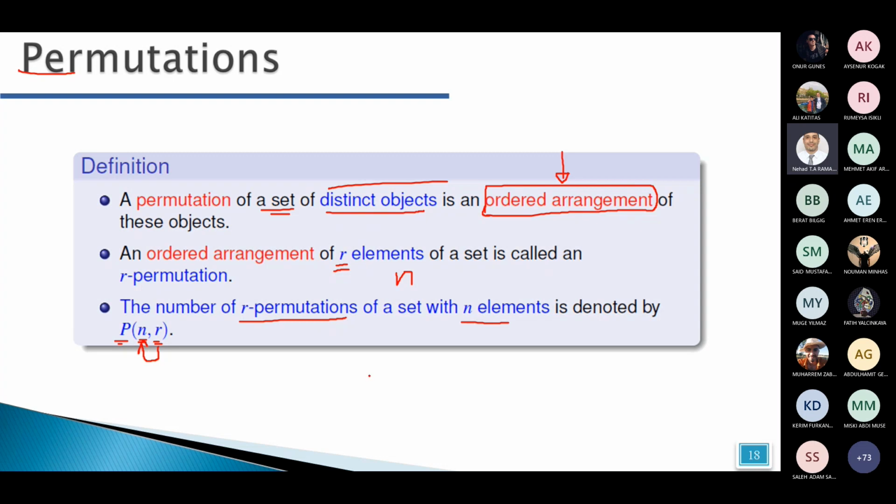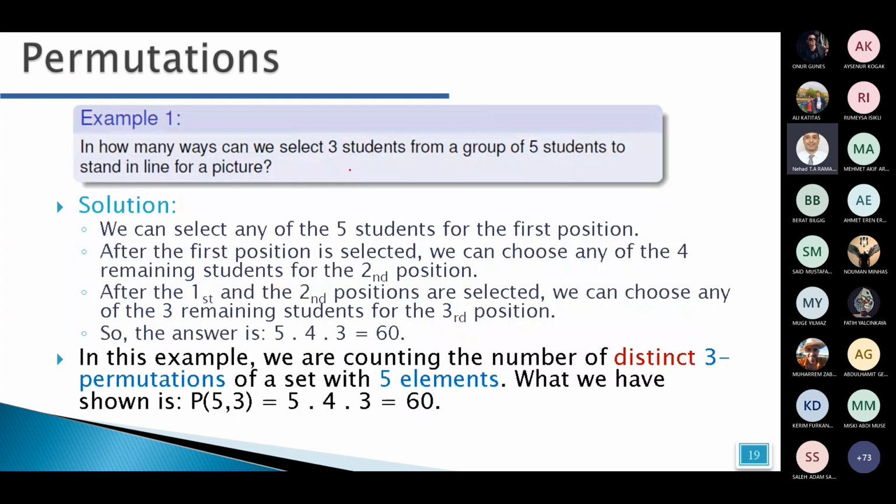For example, we have 5 students here. We need to select 3 students from these 5 students to line up for a picture.